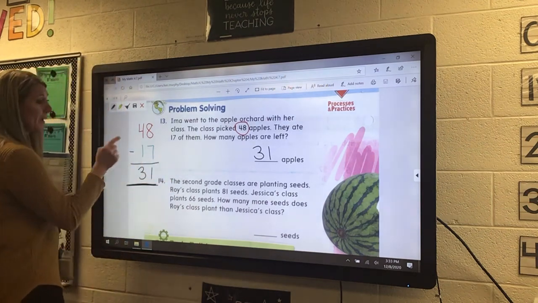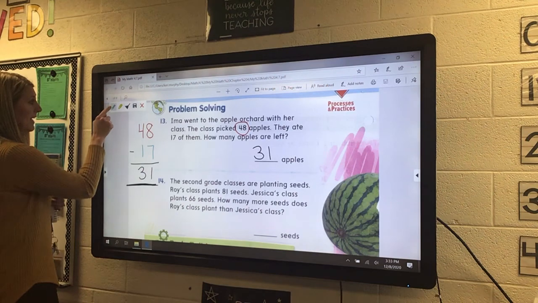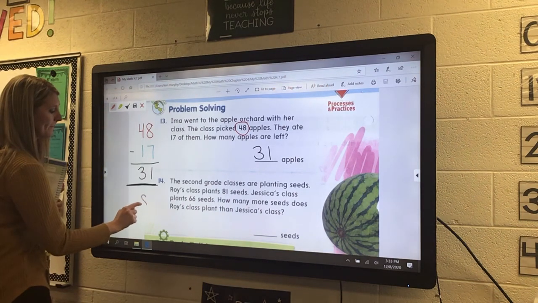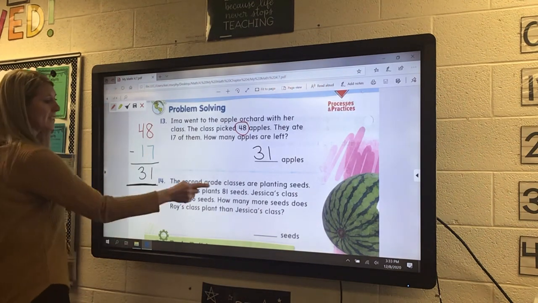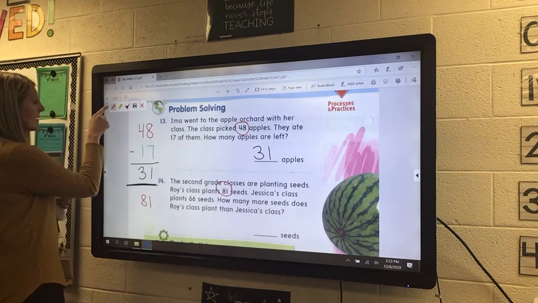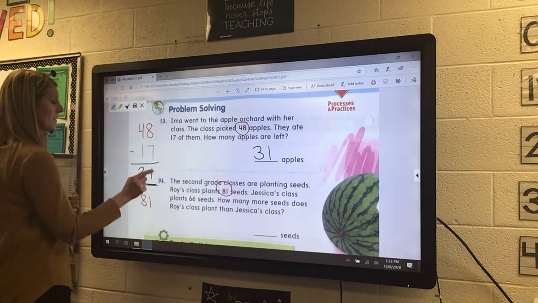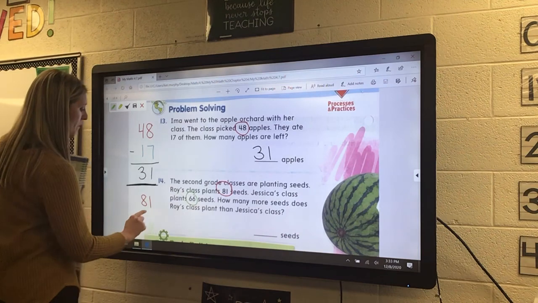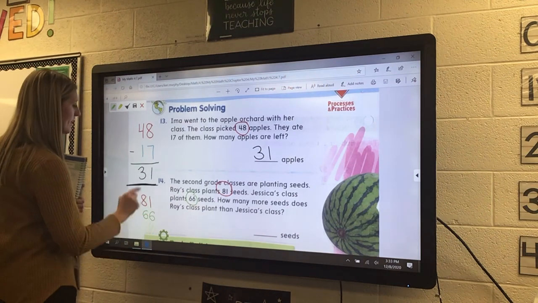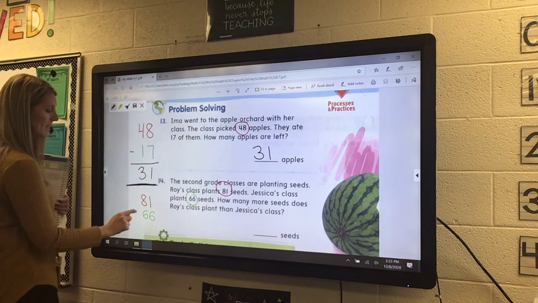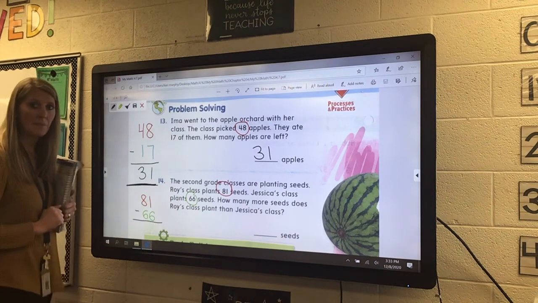So I'm going to start with a bigger number, which is 81, and I'm going to put that on top. And I'm going to take away 66. So 81 minus 66, and I'm going to draw my subtraction sign and my equals bar.